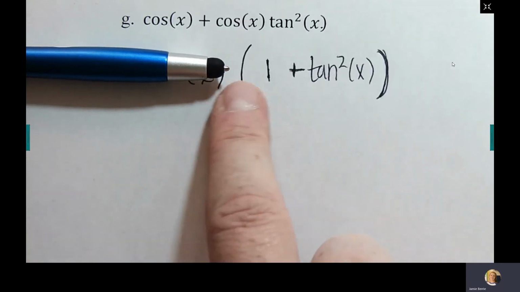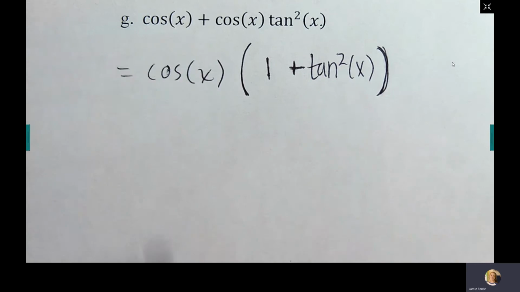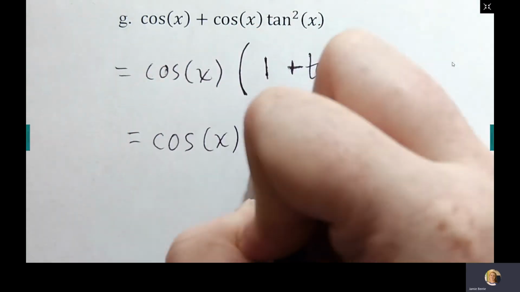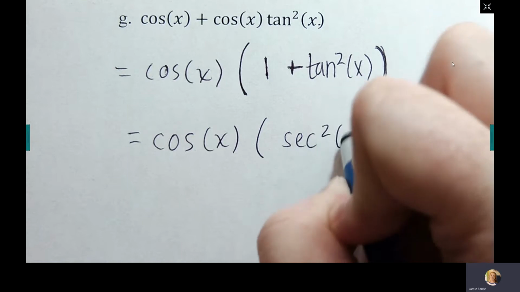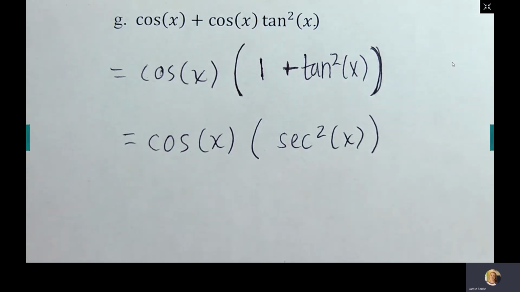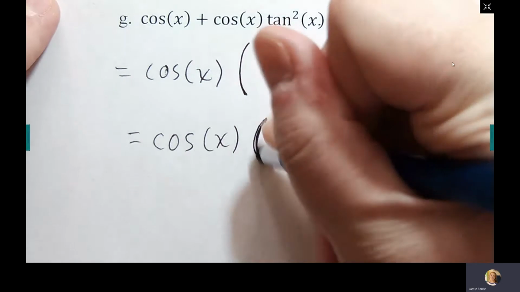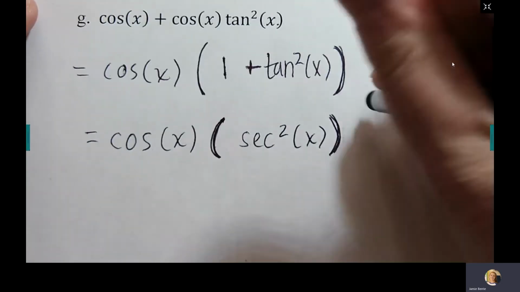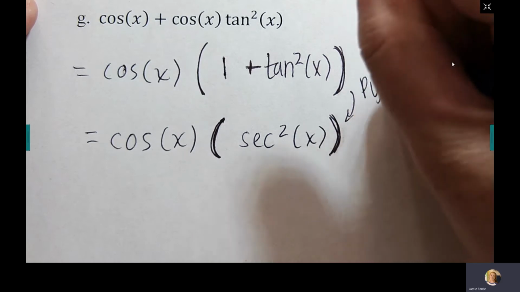So 1 plus tangent squared x changes to secant squared x. All right, so cosine x inside changes to secant squared x. We don't have any negatives on this one, so you could go ahead and drop that outside set of parentheses here. Let's write a note. This was Pythagorean identity.